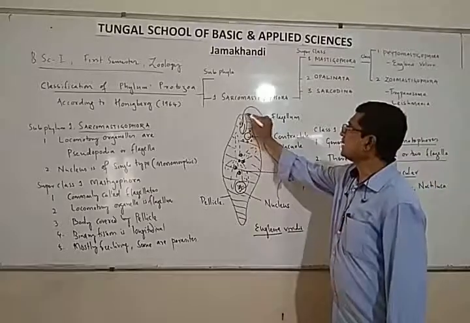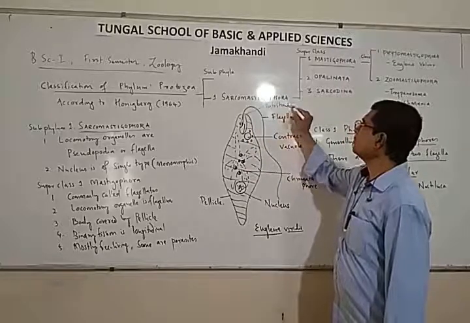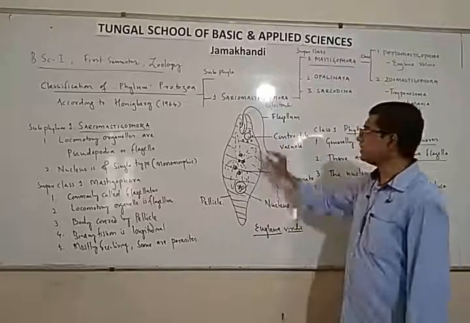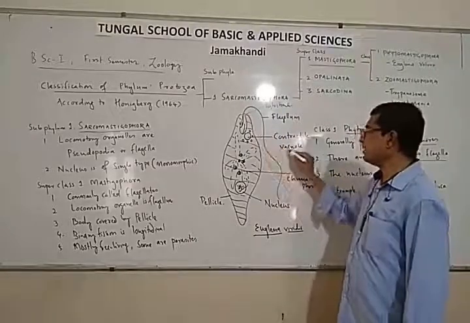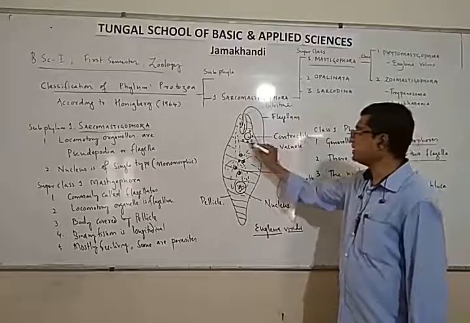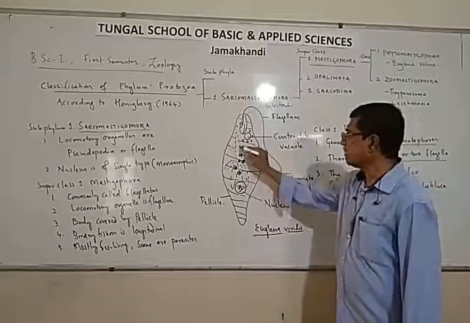And this is the cytopharynx, and this is the reservoir. Here the contractile vacuole is present, a large contractile vacuole. These are accessory contractile vacuoles. Then these are the chromatophores.